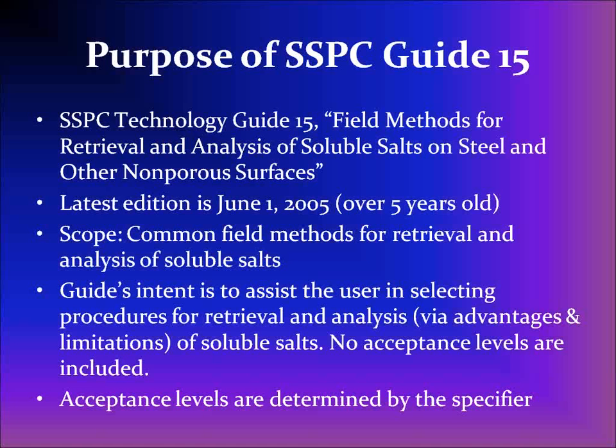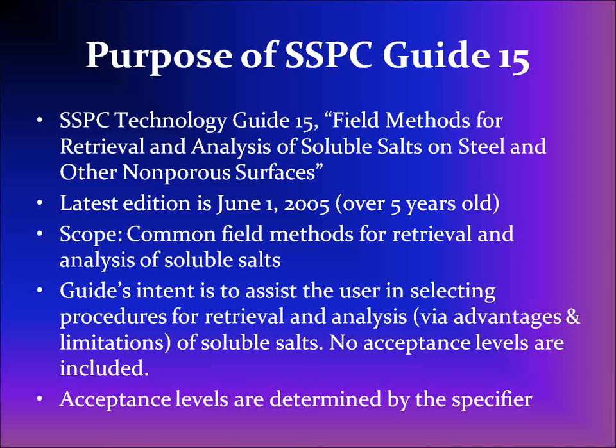SSPC published a document called Guide 15, which is titled Field Methods for Retrieval and Analysis of Soluble Salts on Steel and Other Non-Porous Surfaces. This document describes common field methods for extraction and analyzing soluble salts. The intent of the guide is to assist the user in selecting a method or procedure for retrieving samples from the surface and then analyzing those samples for chloride or conductivity.